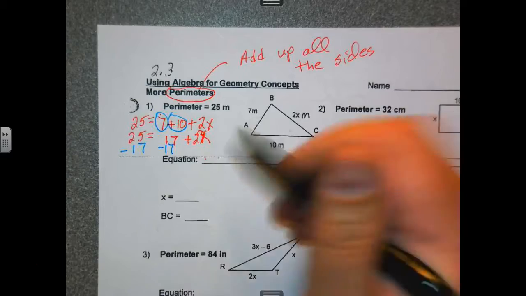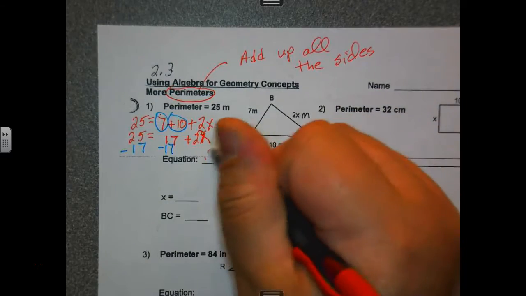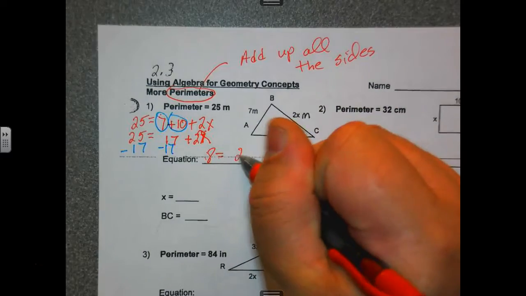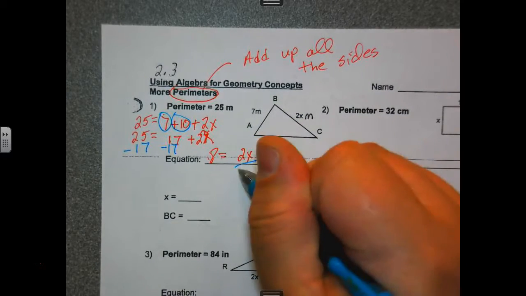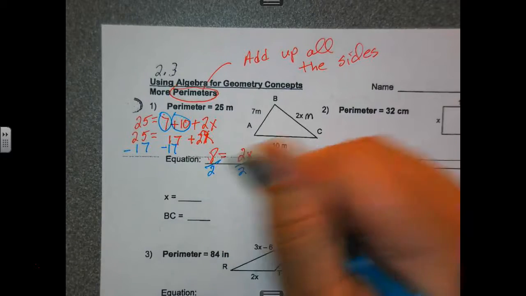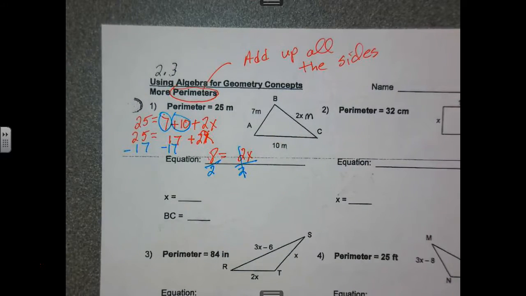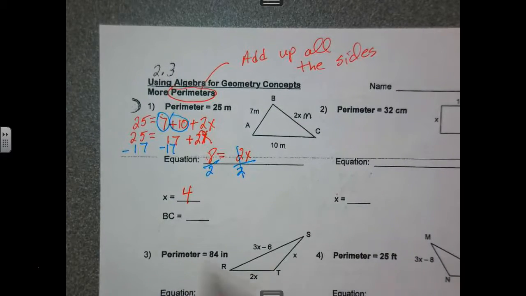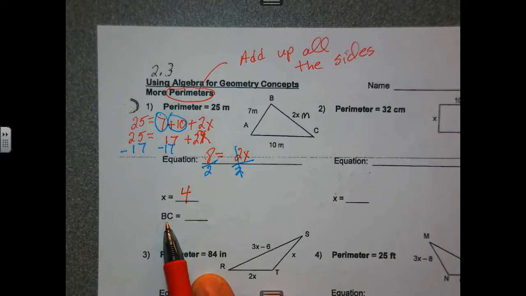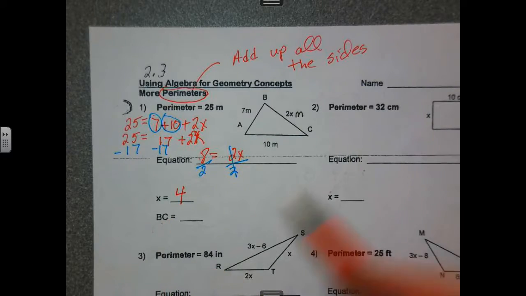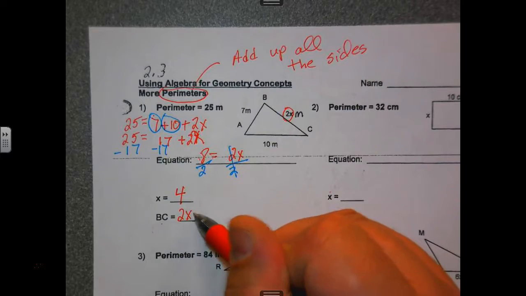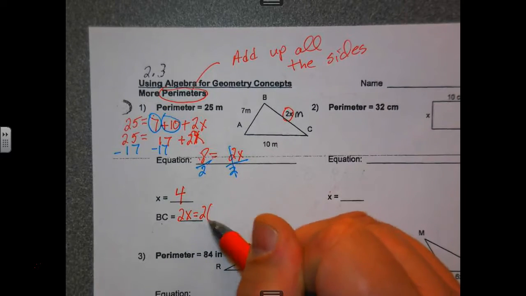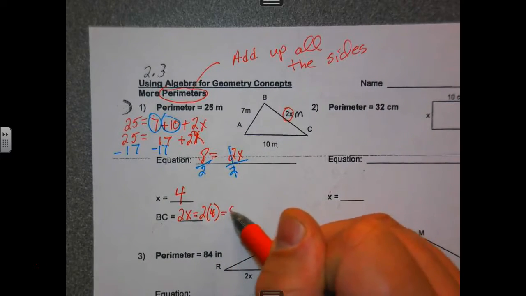I get 8 equals 2x. Divide both sides by the coefficient 2. And what do I get for x? 4. And they want us to find the length of the side BC. The side BC is 2x. I know x equals 4, so I'm going to substitute it in. 8. Good.